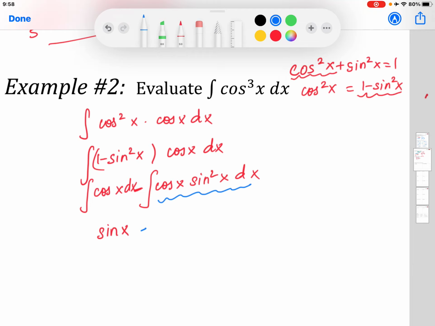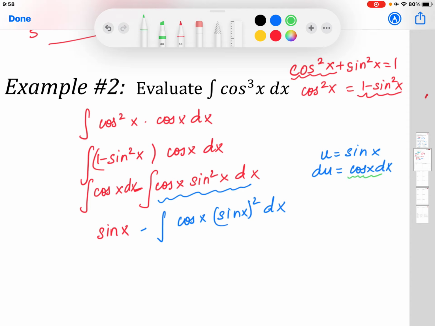So I'm going to rewrite this as cosine x times sine x to the second dx. Now sine x is something inside the parentheses, so my u is going to be sine x. So du would be cosine x dx. Look at it. This is what I have, cosine x dx, and this is what I'm going to replace with du.